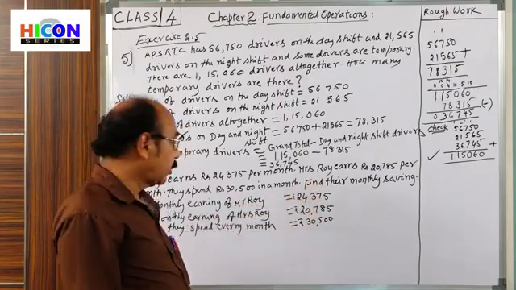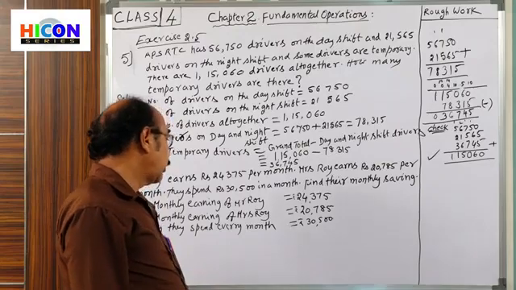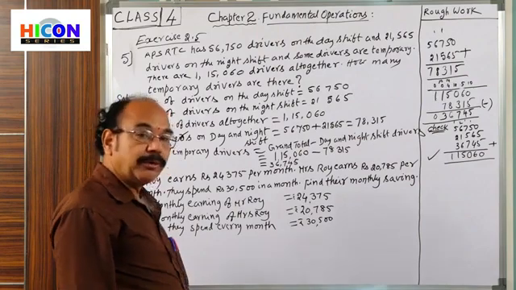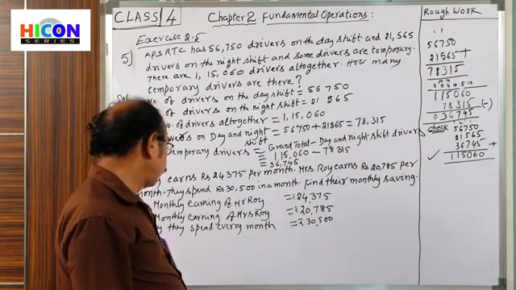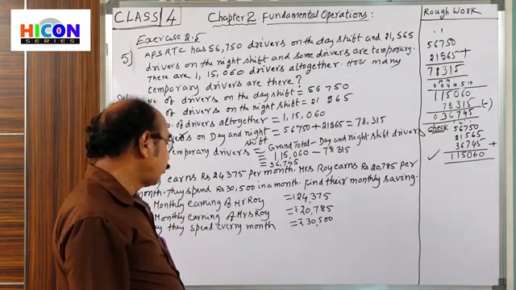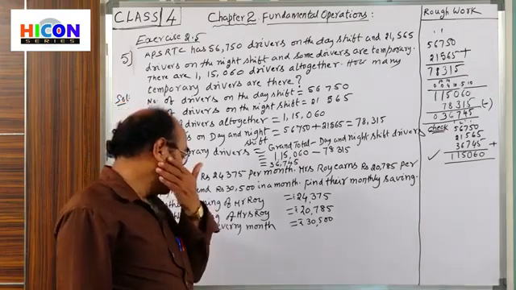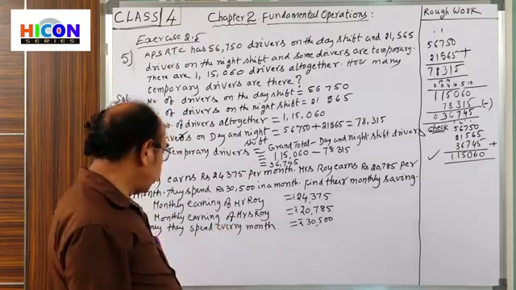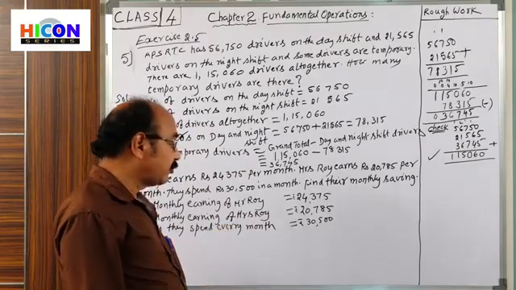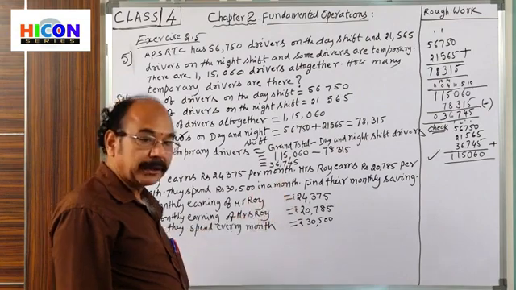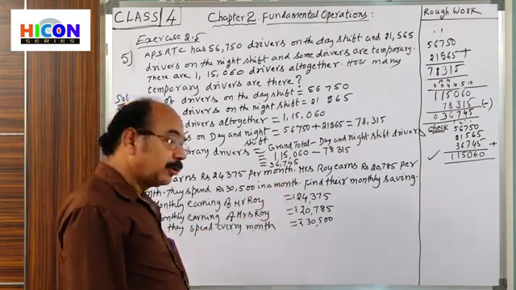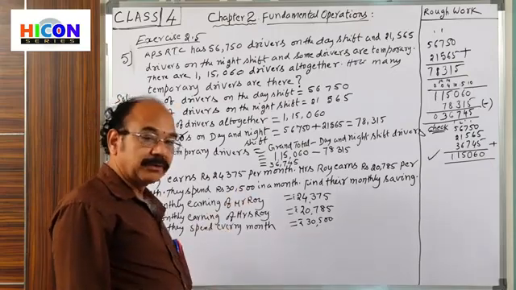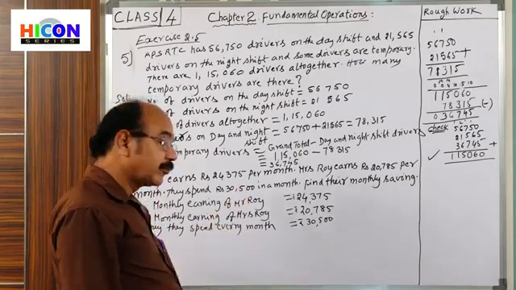Then you will get the total earning. From the total, you subtract their expenditure. How much are they spending every month? 30,500. That you subtract. So by subtraction you will get the monthly saving. Okay, this is the procedure.